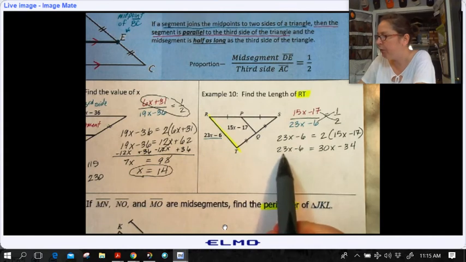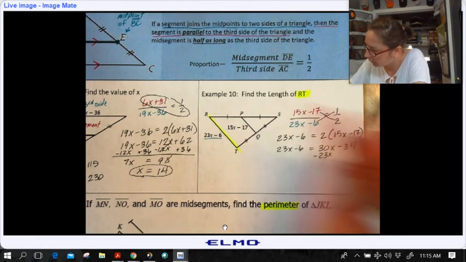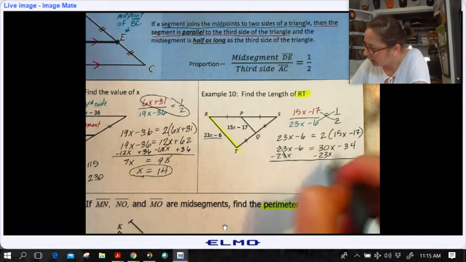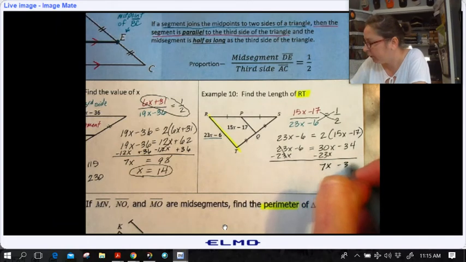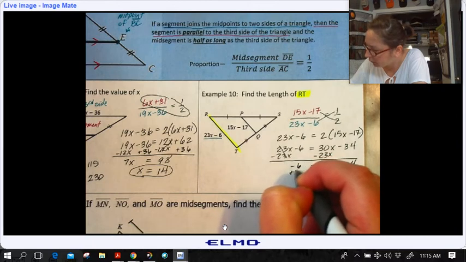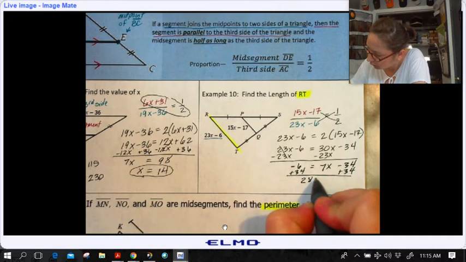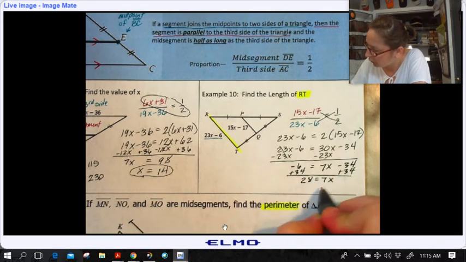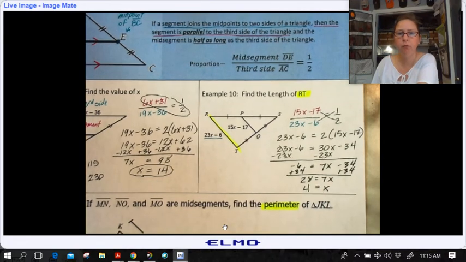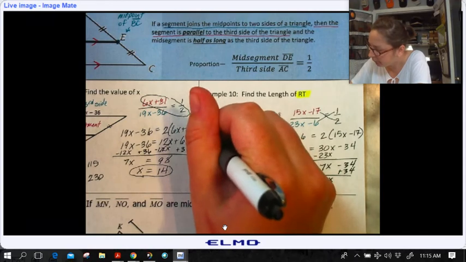Okay, this time I'm going to move the 23x to the left so it'll stay positive. I get 7x. Let's add 34 to both sides. And I get 28. So divide by 7, x equals 4. X equals 4. So I need to plug that in here.